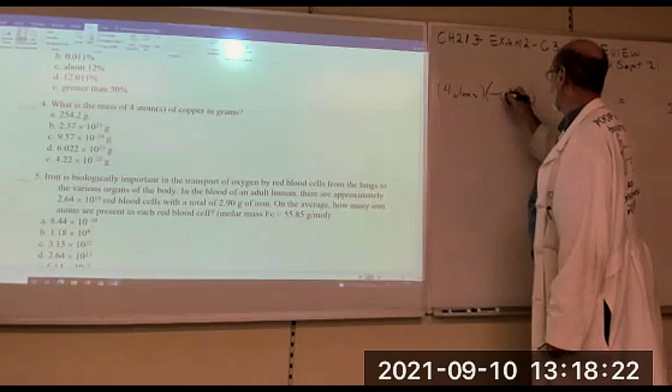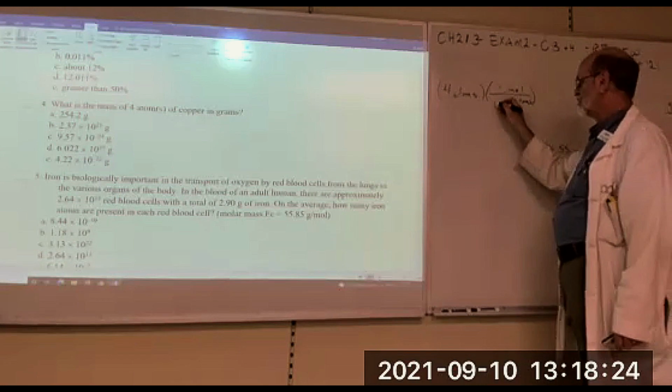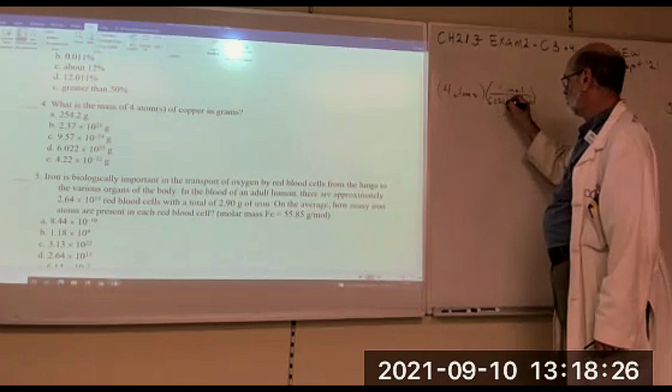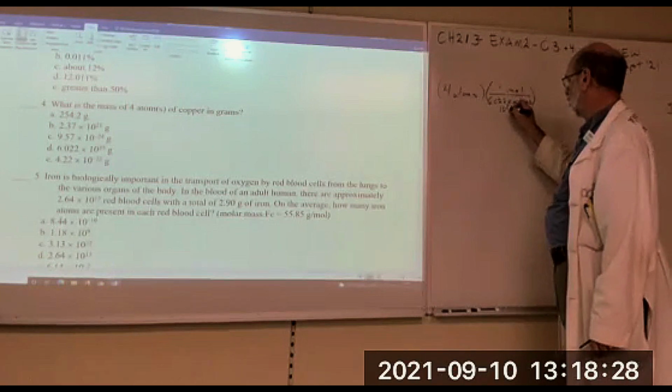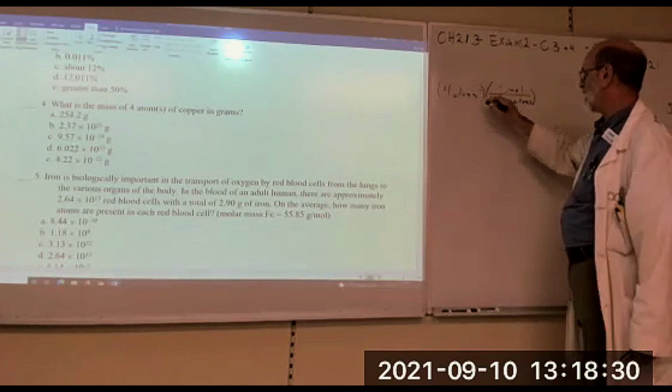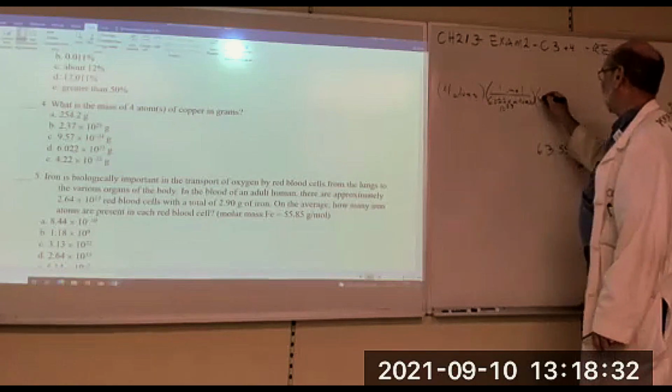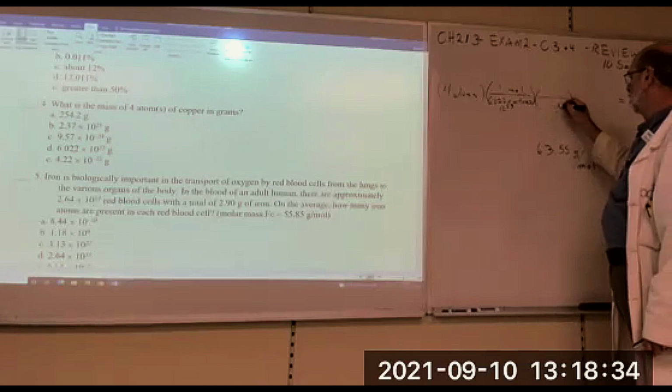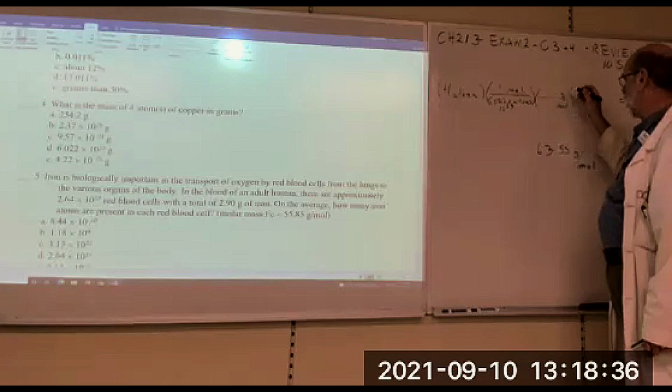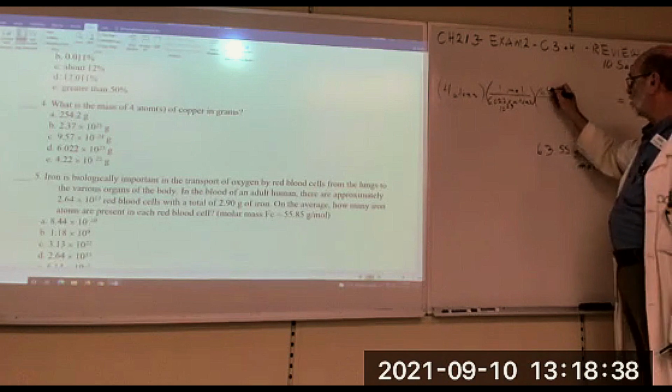So how many atoms per mole? There you go. Get rid of atoms. Now we got moles. Now we can get rid of moles. Grams. 63.55.